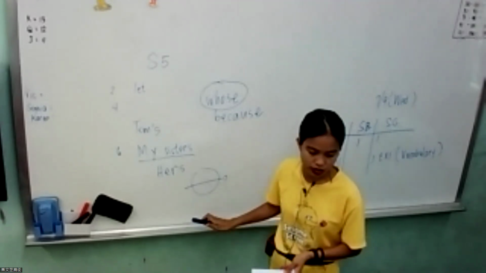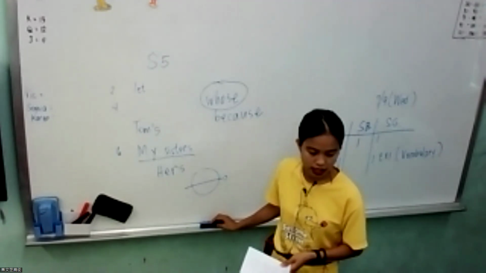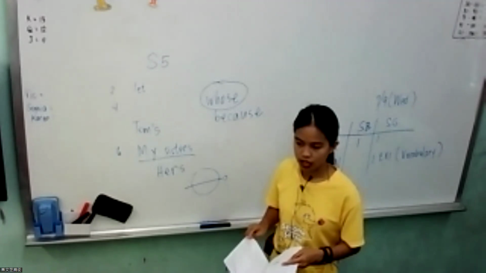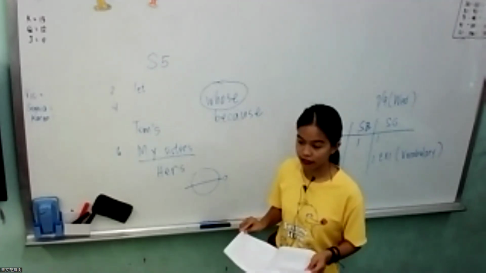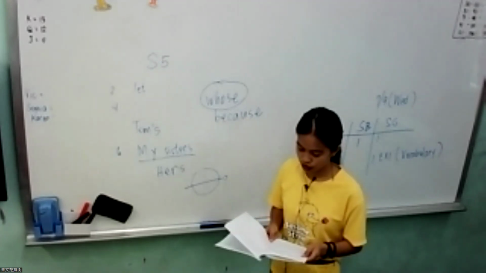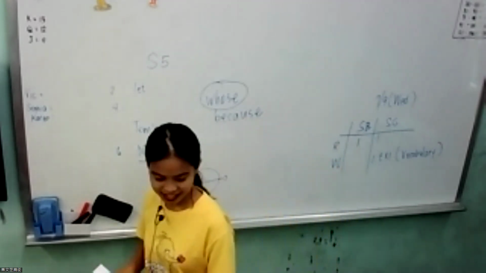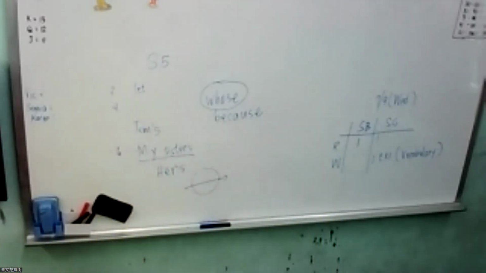Okay, do you have question with that part? You can ask teacher for more explanation. Sophia, do you have question? No? You sure? Karen, do you have question? Do you understand the rules?